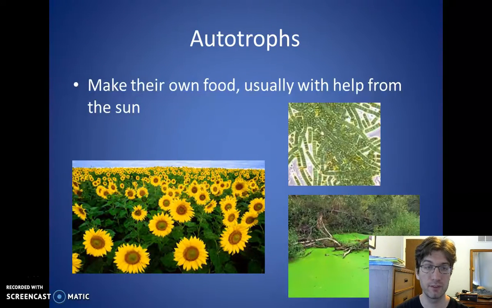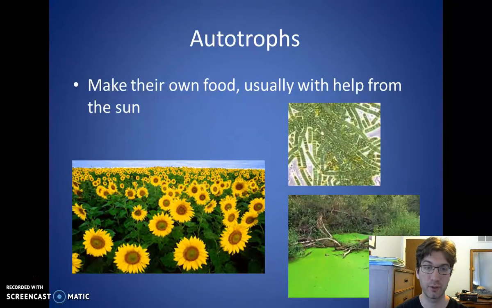We do break these into two categories. You have autotrophs. Autotrophic organisms are the ones that can make their own food. This usually gets help from the sun, but there are organisms that live in places such as hydrothermal vents that can get it from the heat of the molten mantle, not the core, of the Earth.